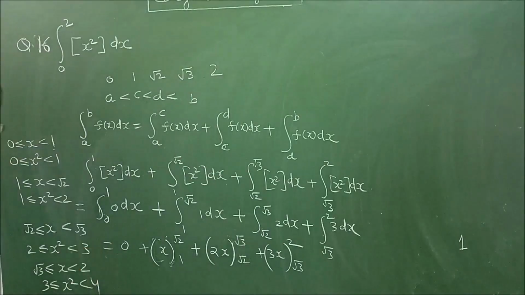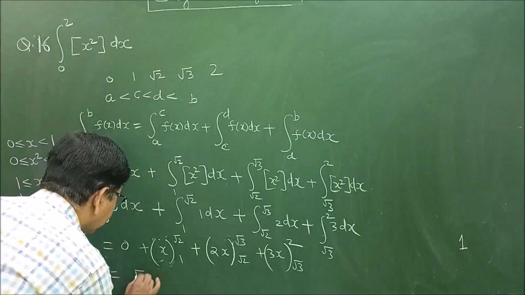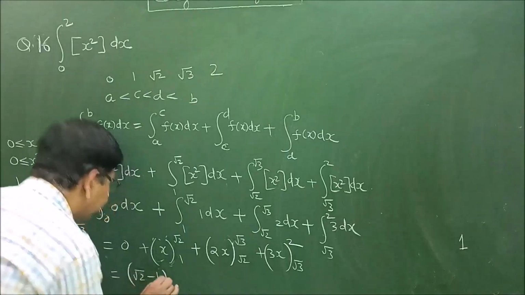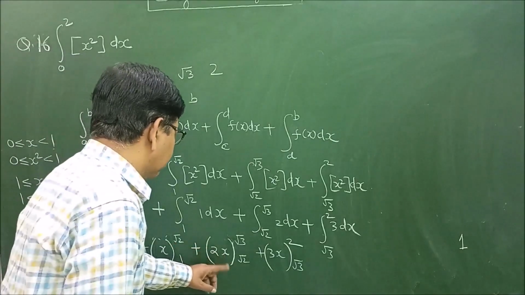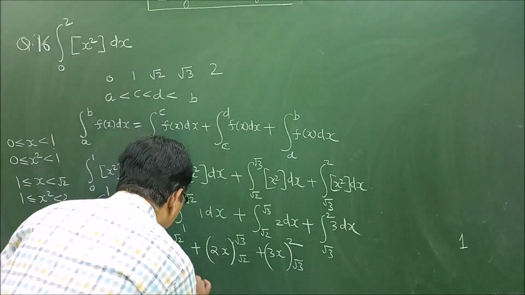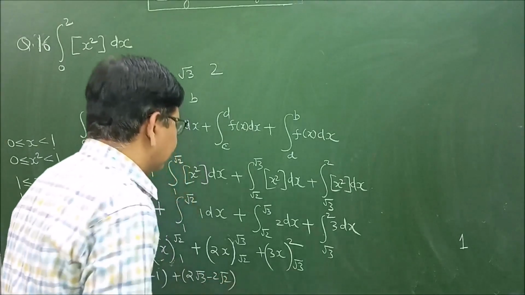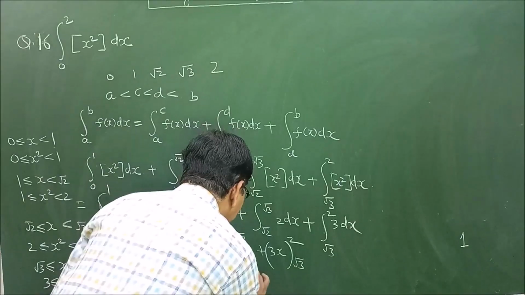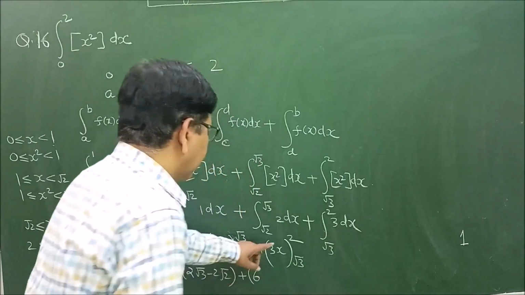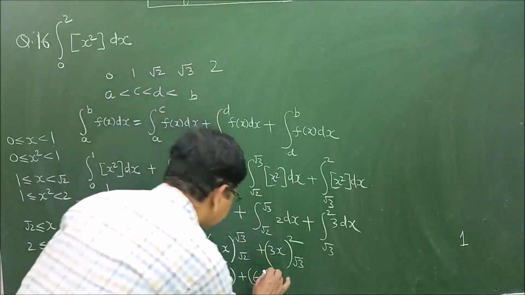Now solving this, we get root 2 minus 1, here we get 2 root 3 minus 2 root 2, plus here we get 6 minus 3 root 3.